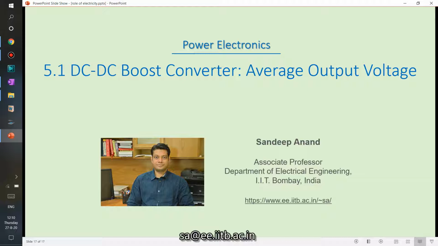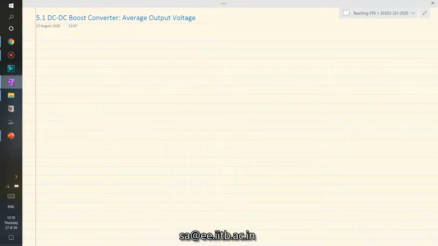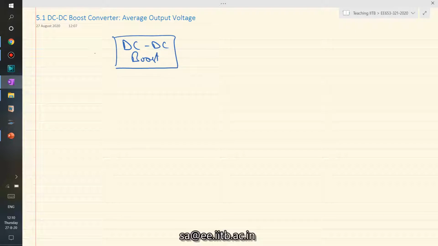So in one of the steps, the low DC voltage of the panel is boosted to a higher DC voltage. So there is a need for a converter which can boost the low voltage to a high DC voltage.